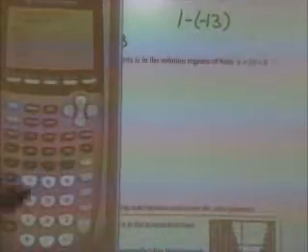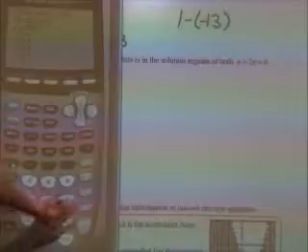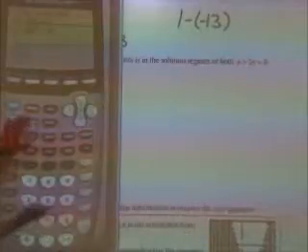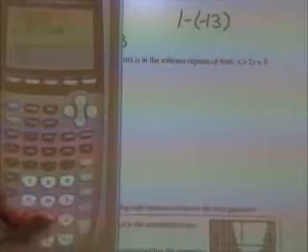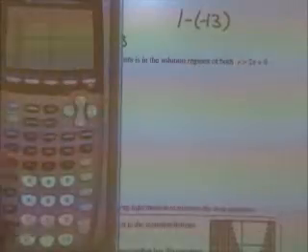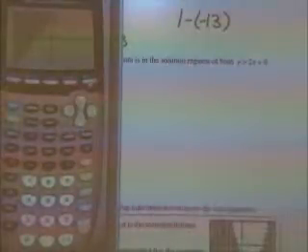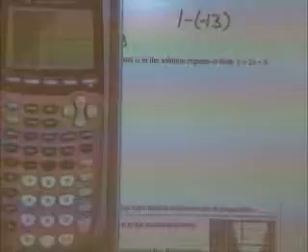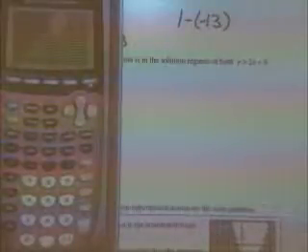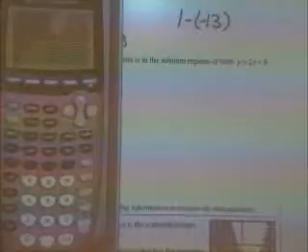And that is x squared minus 3x plus 2. So when I graph it, there's my linear, and there's my quadratic.